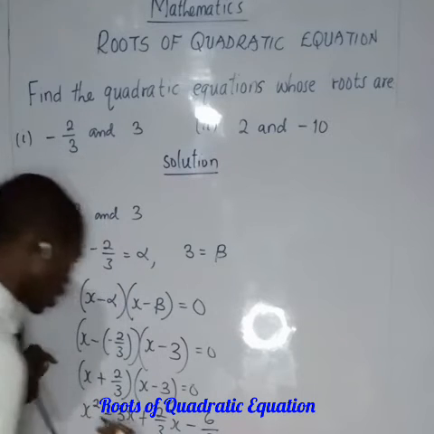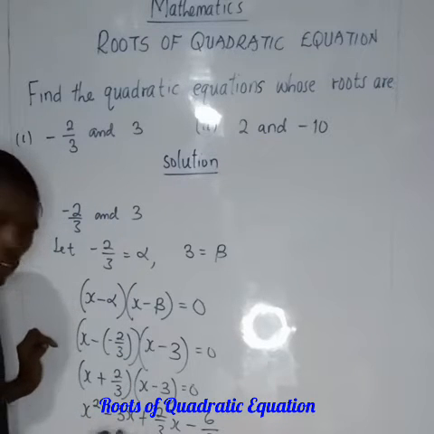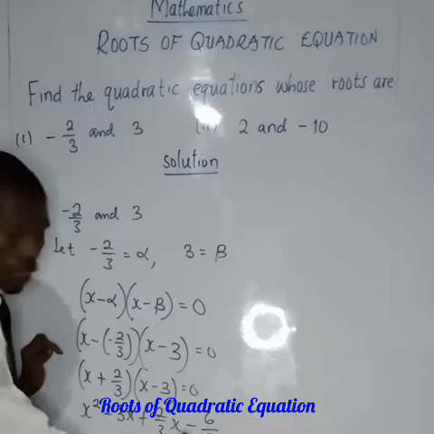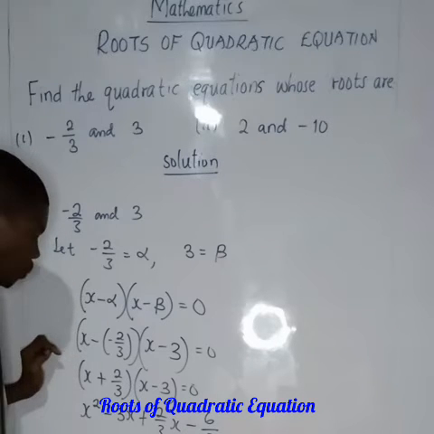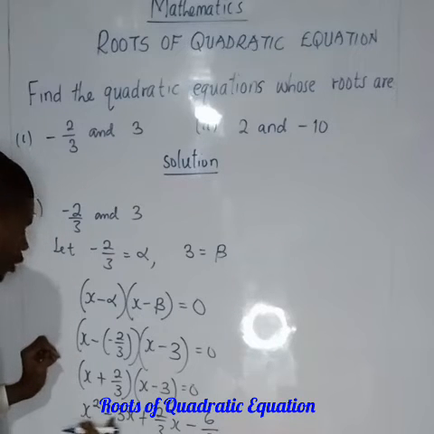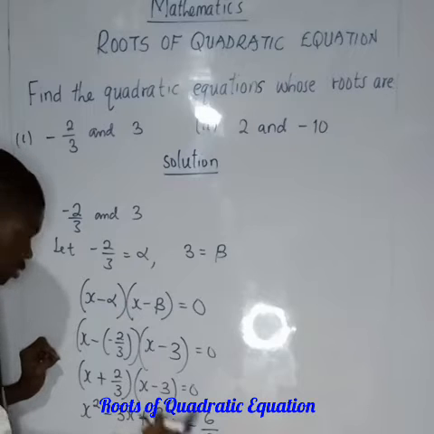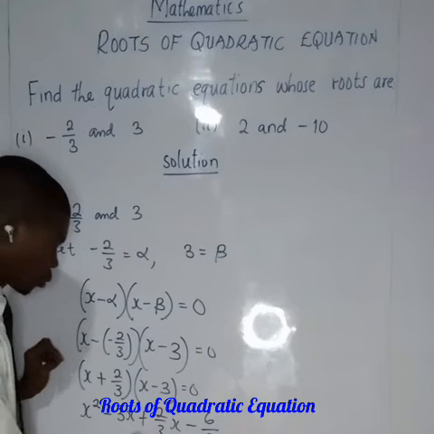Alright? Then from here, before collecting like terms, I would like to clear away the denominators. And by doing that, I'm going to multiply each of these terms here by the LCM of the denominators, which is 3 here.